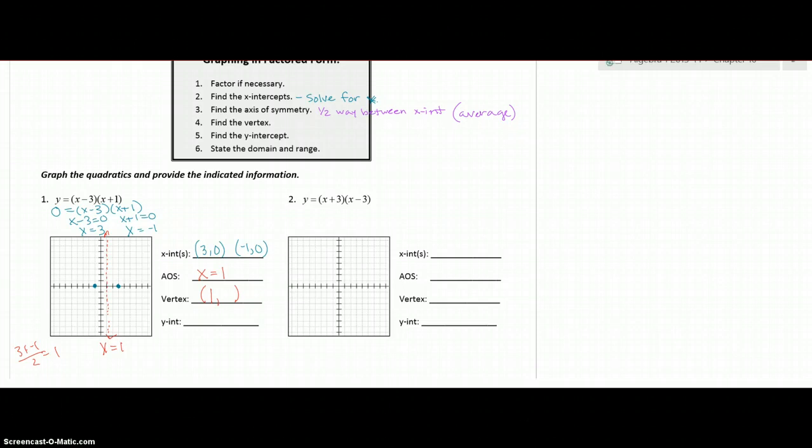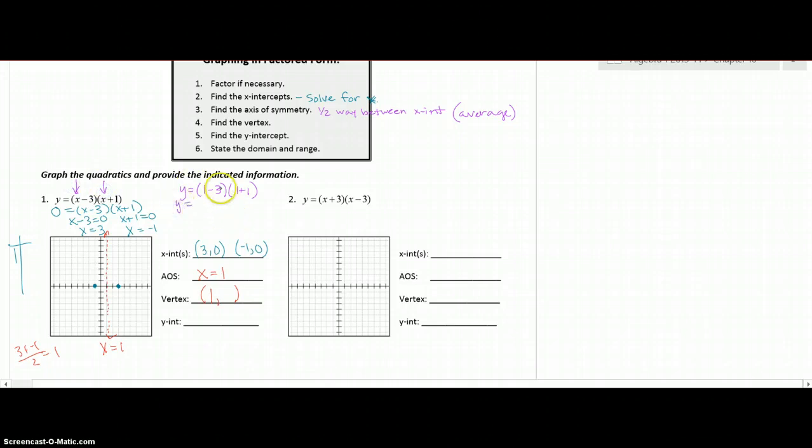So what we're going to do is, just like using an xy chart, we're going to plug in 1 for x. If we plug in 1 for x, we get y equals 1 minus 3 times 1 plus 1. So I plugged it in for both x values.